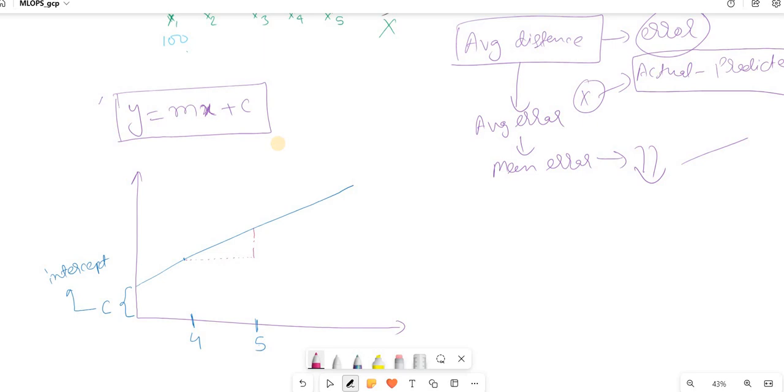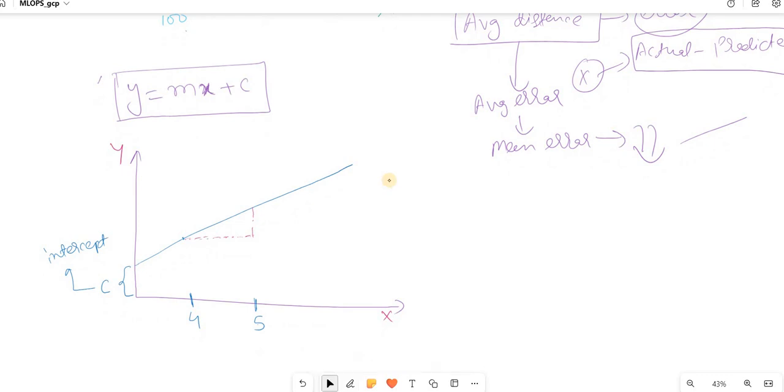The slope, this m value, what exactly does it say? Let us suppose this is the x axis and this is your y axis. You are moving a unit distance. Unit distance means whatever unit is given for the x axis: square feet, feet, meter, centimeter, whatever it is. Whenever you move from one point to another, that is one unit.